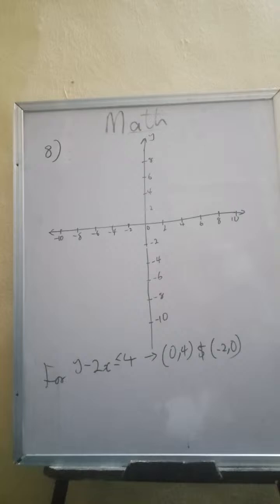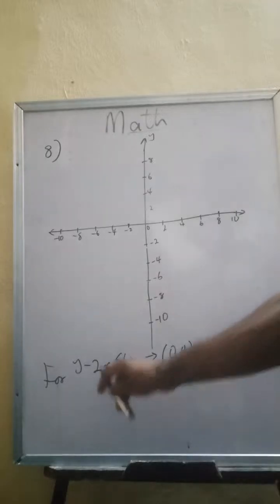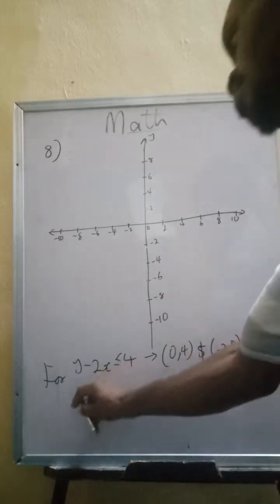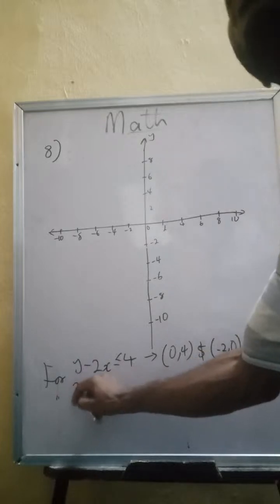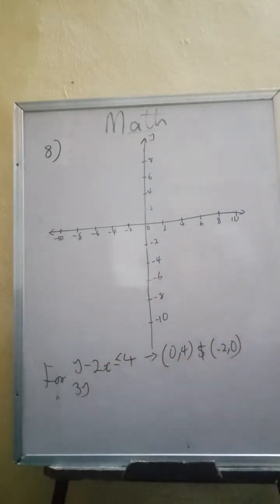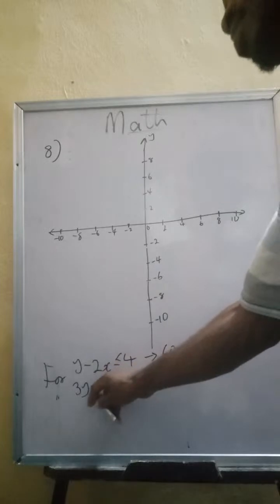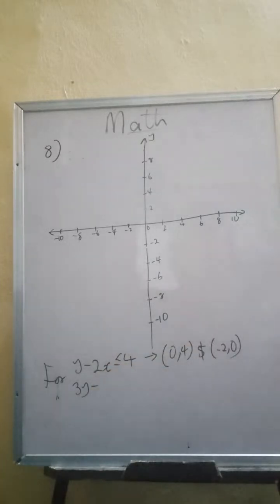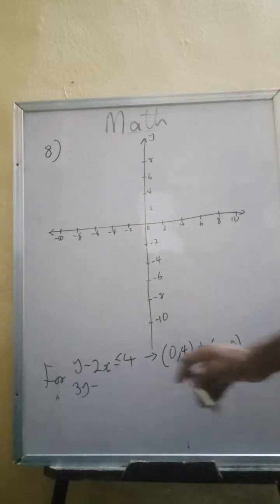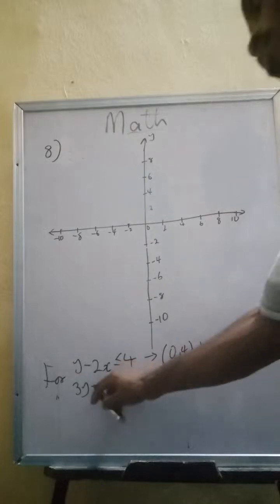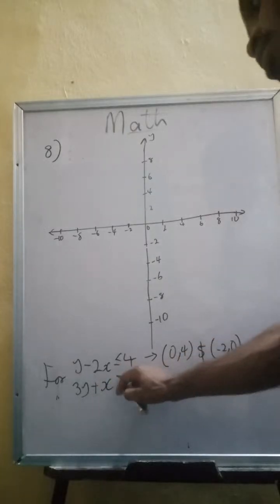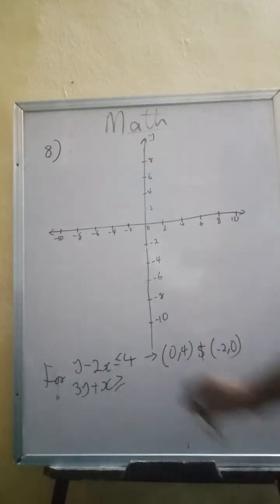I hope that's what you have. For the second, you have 3y plus x is greater or equal to 6.